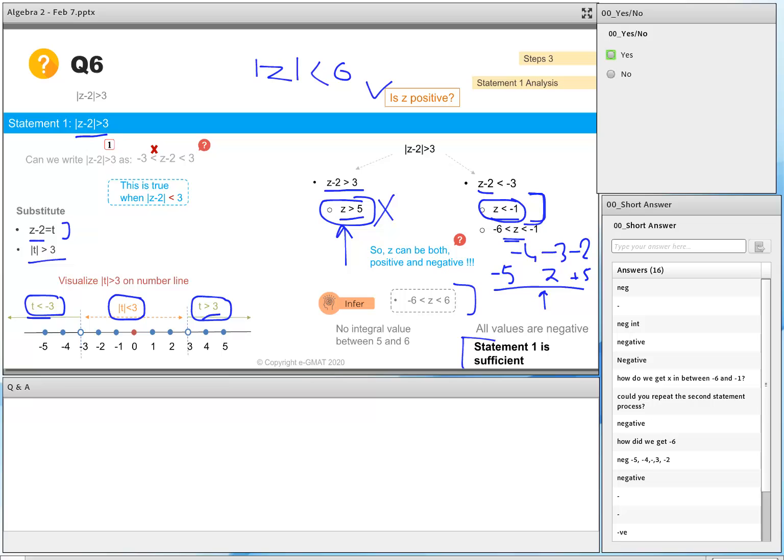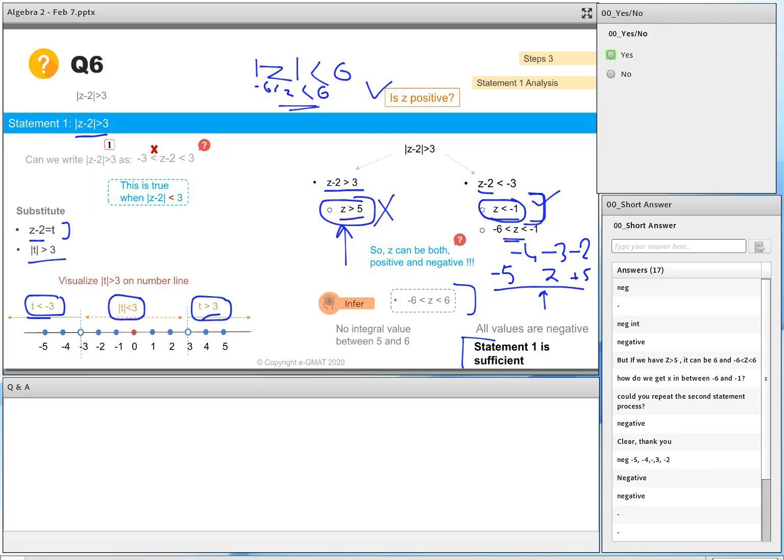So from this statement I saw that z is from -6 to +6, right? Since in this part, I also had z to be less than -1, combining both, I could write z is from -6 to -1. But if we have z greater than 5, it can be 6. Again, it cannot be 6 because from the question statement, z is less than 6.